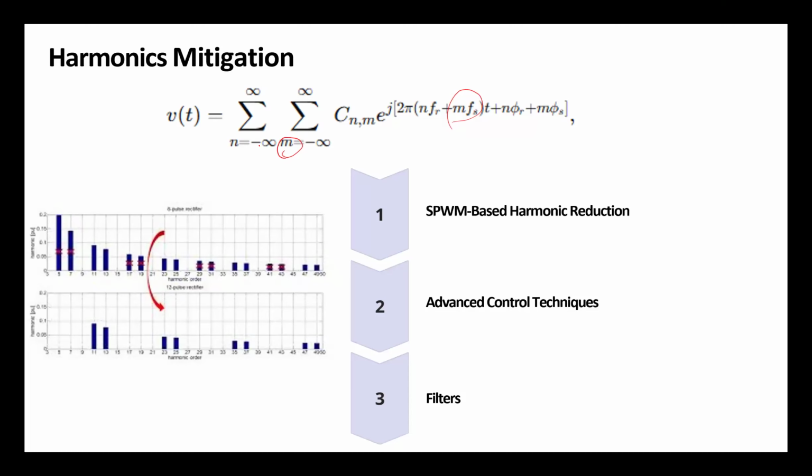Make sense? So we have the 5 degrees of freedom for optimizing our output, only focusing on PWM harmonic reduction. So this is the first level of reducing harmonics. We optimize our switching. We don't haphazardly switch. Are we good?